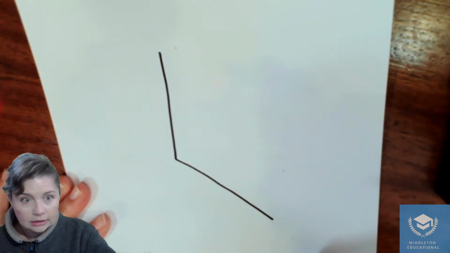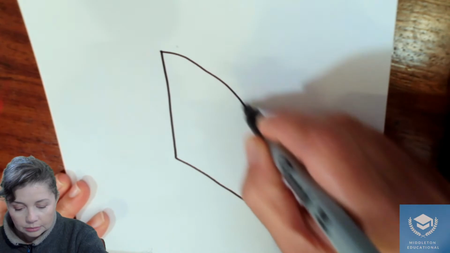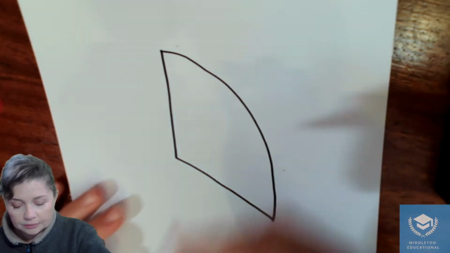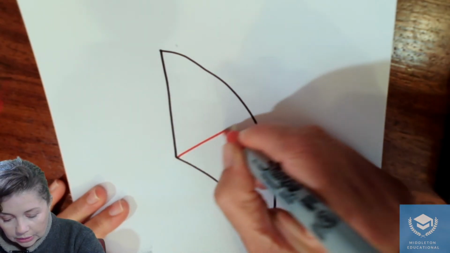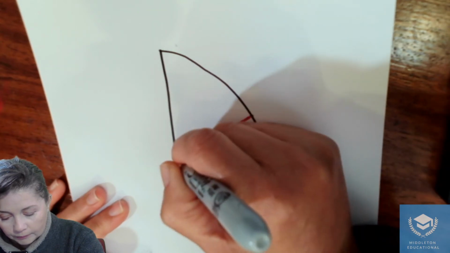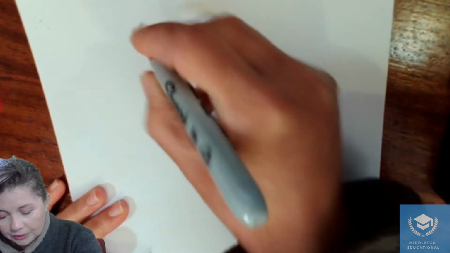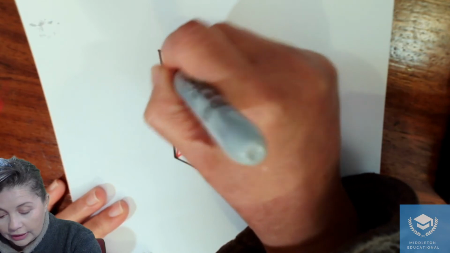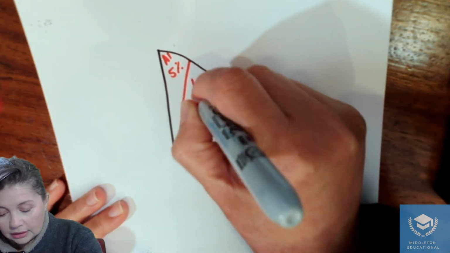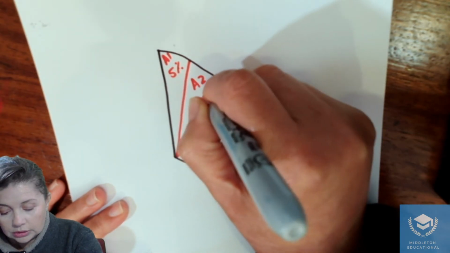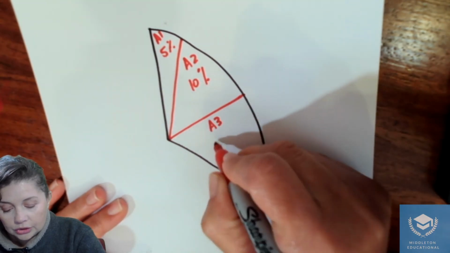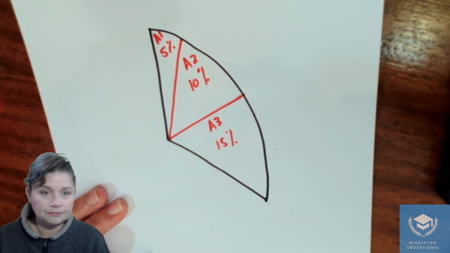So it's an arc like that. And we said that would be about half, and then it's about there. So that is 5%, which was a 1. That is a 2, 10%, and this is a 3, which is 15%.